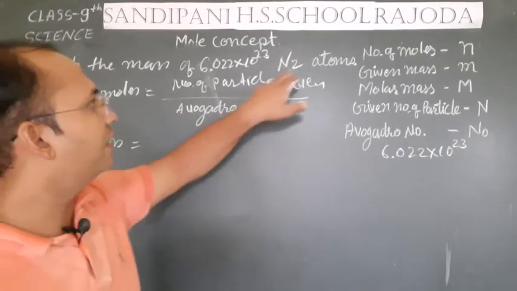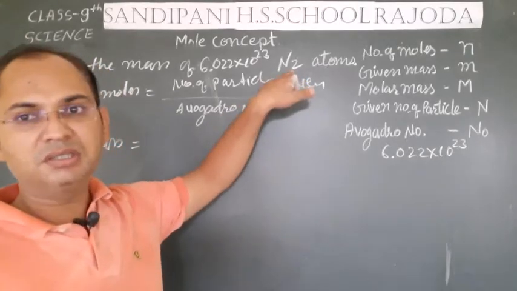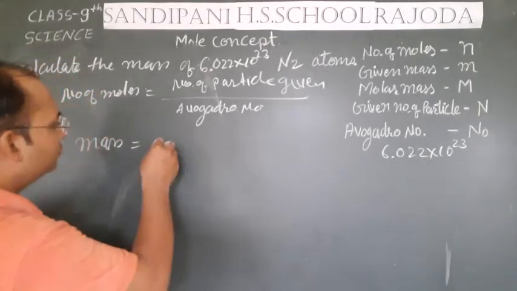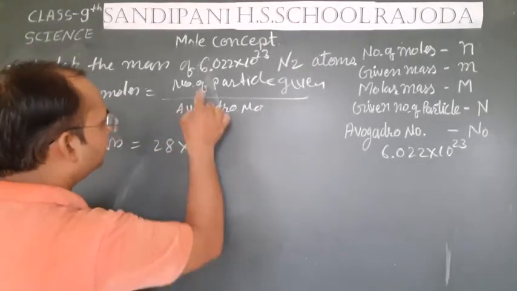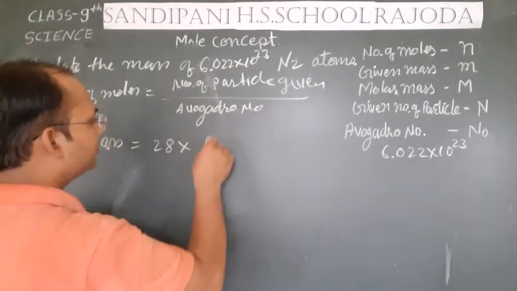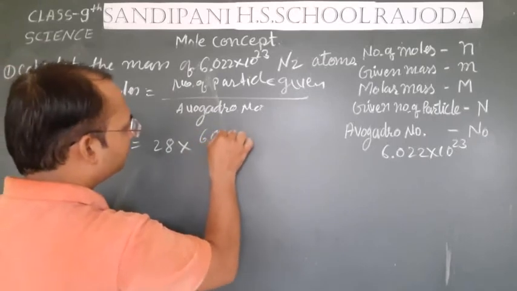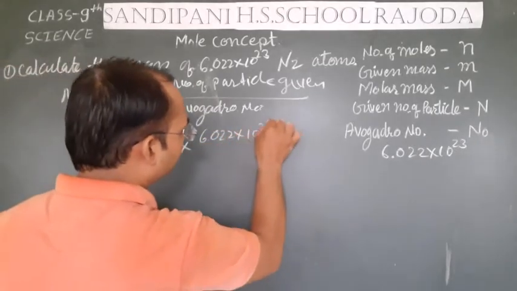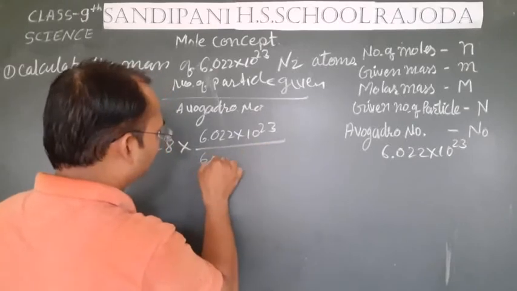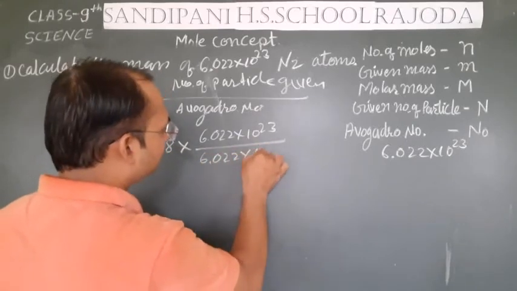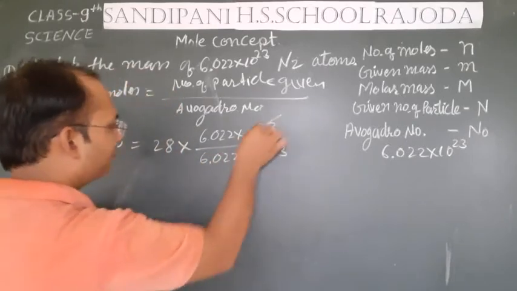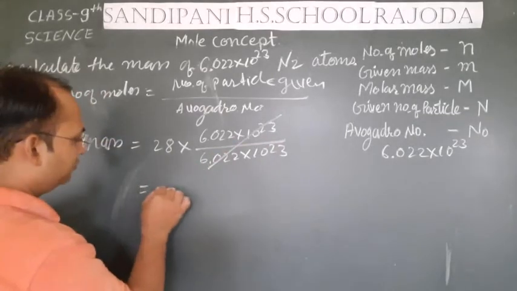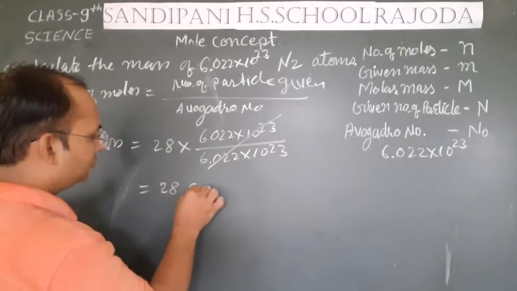The molar mass of the nitrogen molecule will be 28. So 28 multiplied by 6.022 into 10 to the power 23 upon again 6.022 into 10 to the power 23. It will cancel out and the value will be 28 gram.